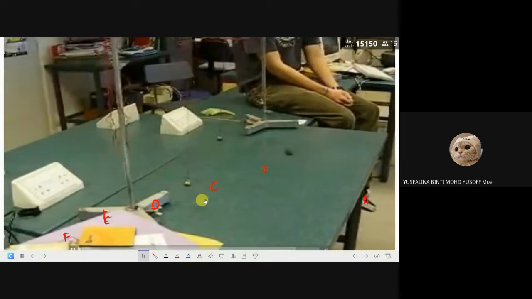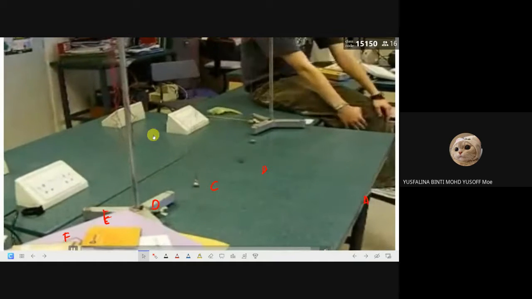You can see they oscillate with maximum amplitude.